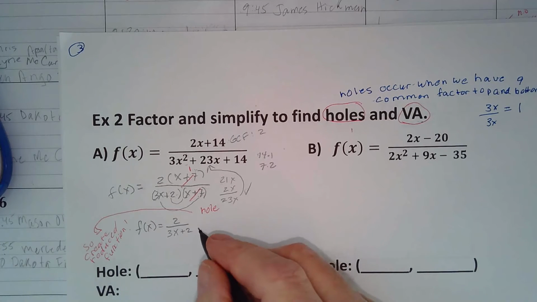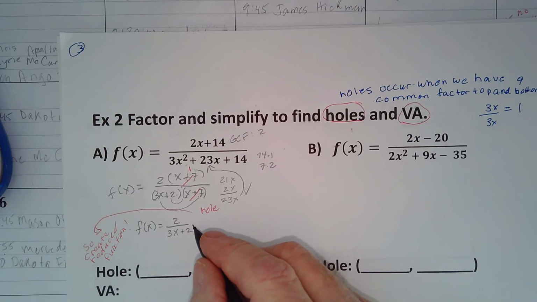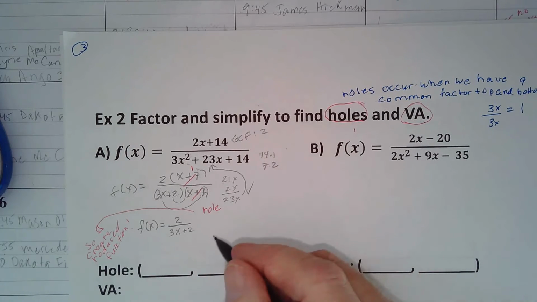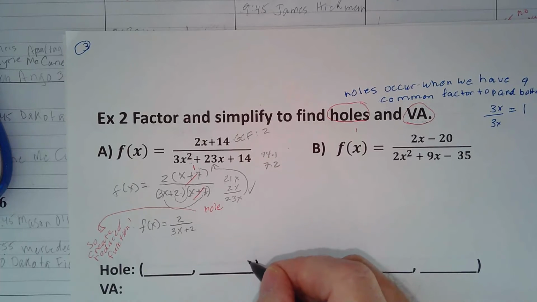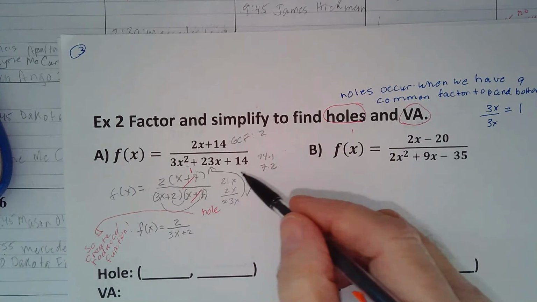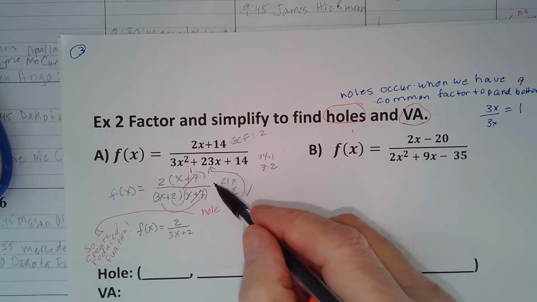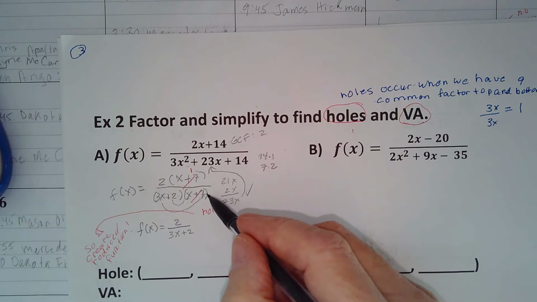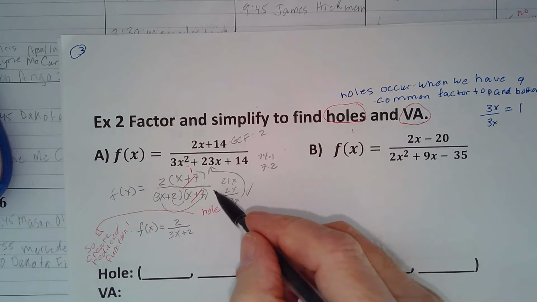see what we can factor here. We've got the 2 in the numerator, that's going to stay. Let's go back here. I forgot one thing. The hole, its factor was x plus 7.